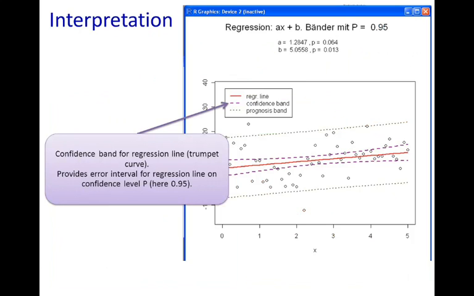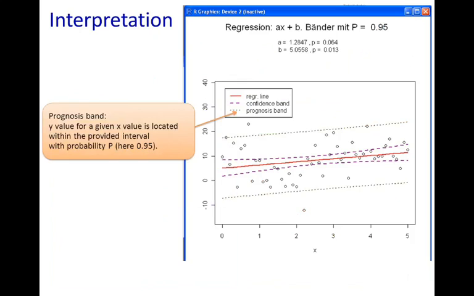The confidence band for the regression line, also called trumpet curve. This provides the error interval for the regression line on a certain confidence level, capital P, which we have chosen to be 0.95 here. Then we have the prognosis band. This is a y value for a given x value, or in other words, it is a confidence interval for a y value at a given x value.